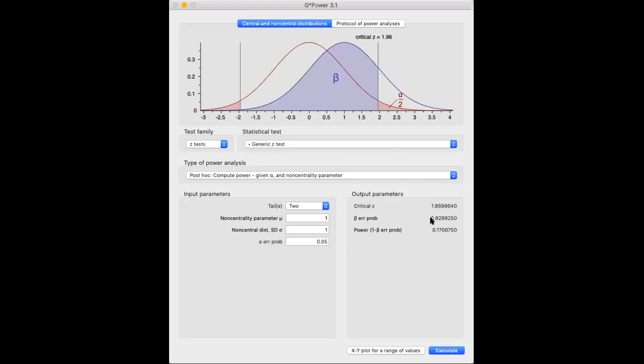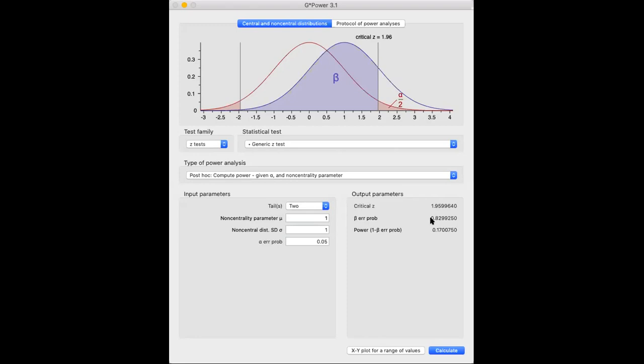Now, if we randomly sample from a z distribution that has a mean of 1, then the beta suggests that 83% of the time, we will get a value that is lower than the critical value defined by half of alpha, which means that 83% of the time, we come to the conclusion that there is no difference, okay?